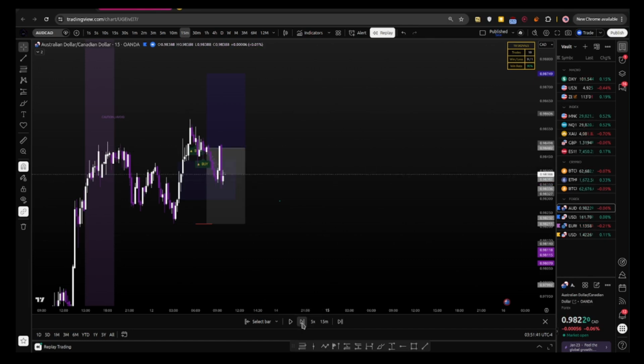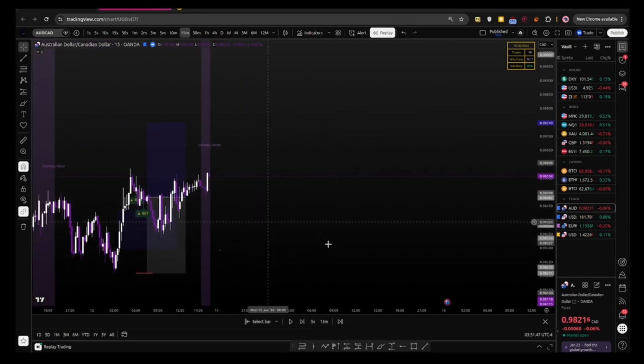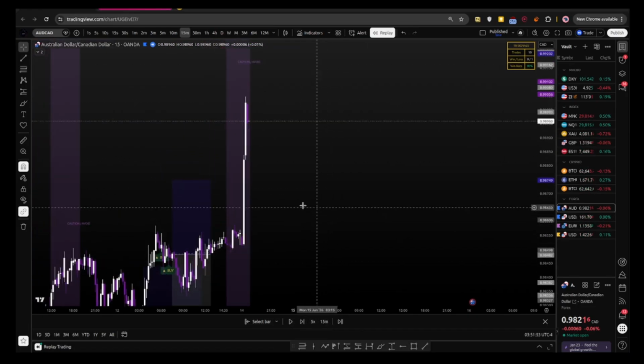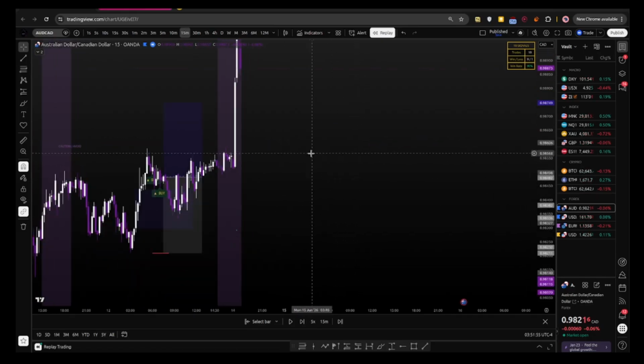Okay, we're testing this imbalance. Okay, yeah, we're definitely hitting this high at the least. So again, if you get to it, oh my God, yeah, nice, take profit hit. Another way to work this strategy is, for example, take a fib tool, right?